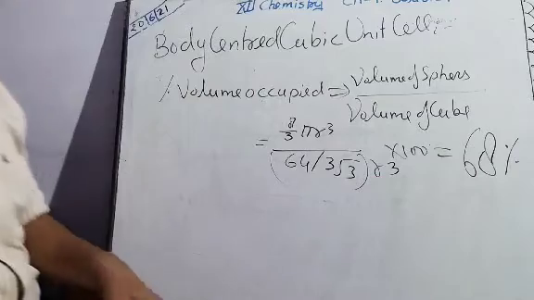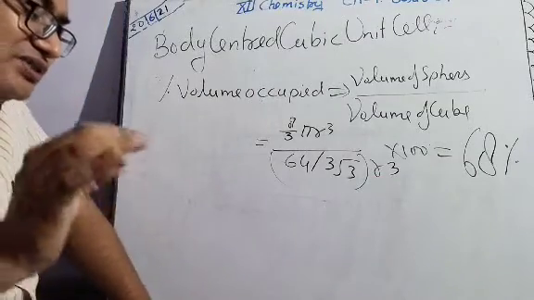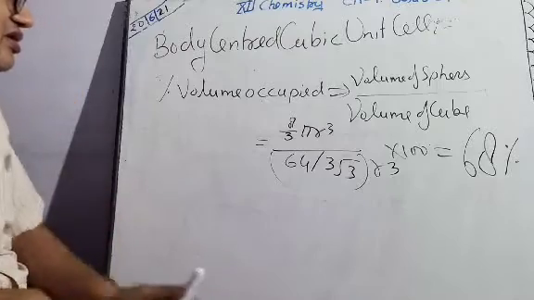The packing efficiency for the body centered cubic unit cell is 68%.